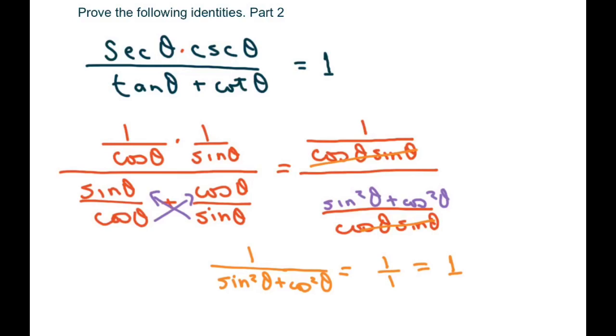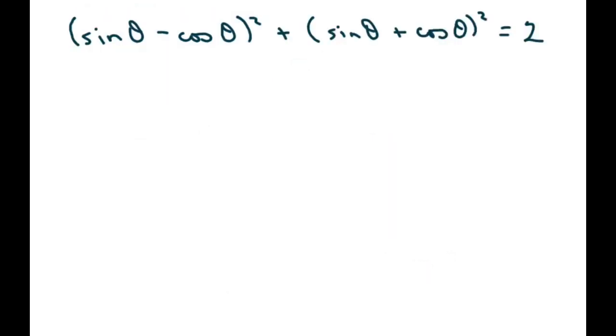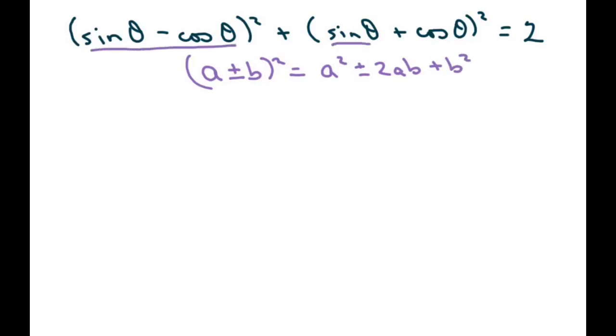Okay, the next one is this one. And I'm going to use the fact that a plus or minus b squared equals a squared plus or minus 2ab plus b squared. I'm going to use it on both of these pieces.